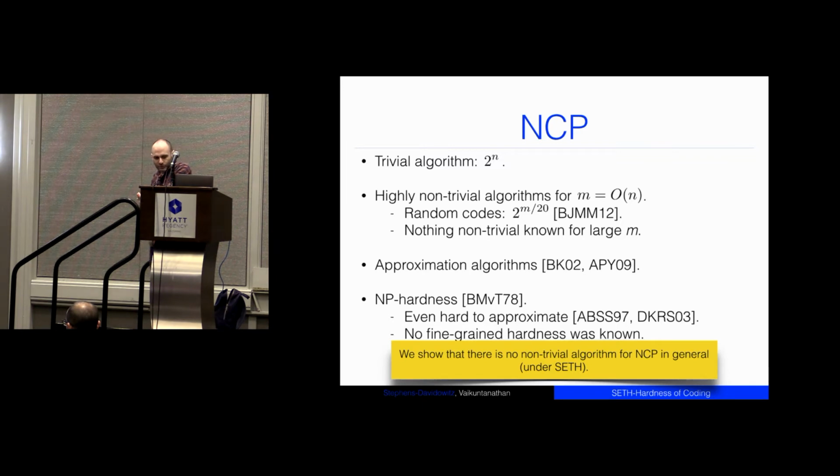What we do in this work is we show that there's no non-trivial algorithm for the nearest codeword problem under the Strong ETH assumption, which I'll show you. So in other words, the fastest algorithm runs in 2^n time up to smaller order terms under a complexity theoretic conjecture.